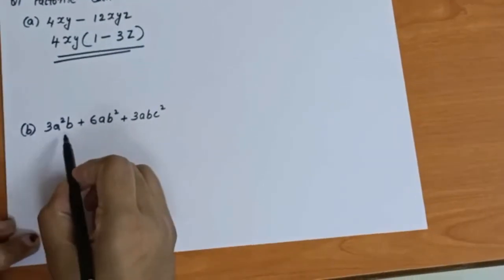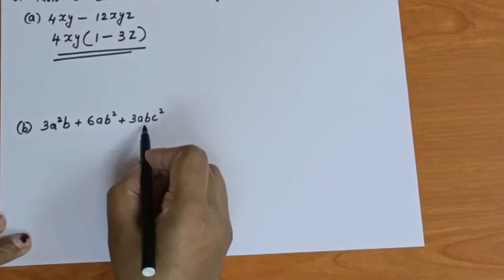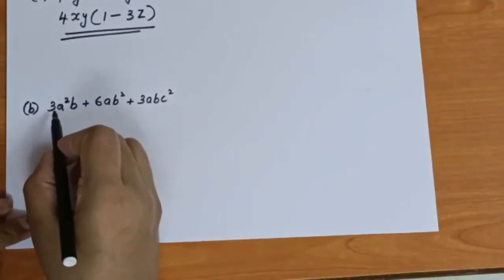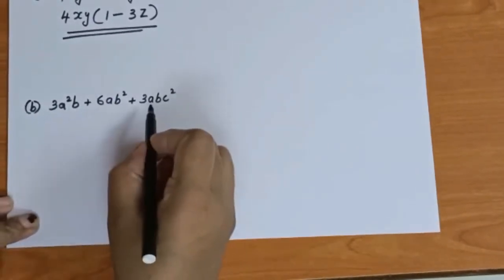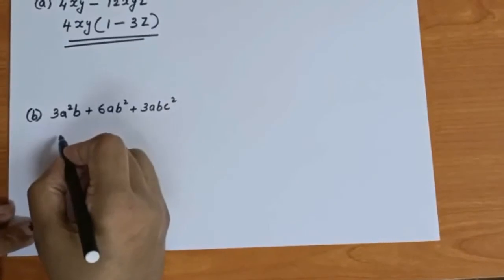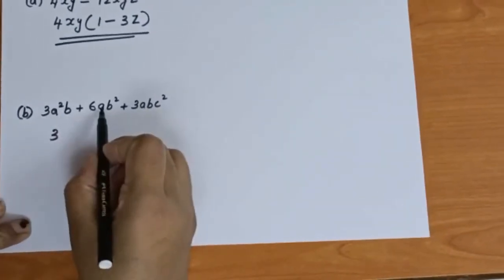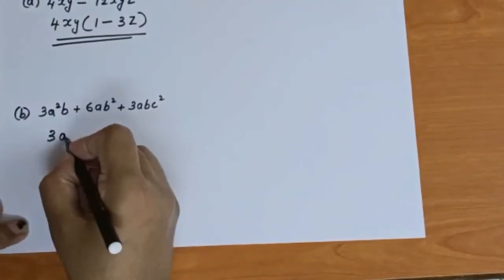Next, 3a square b plus 6ab square plus 3abc square. Here the integers are 3, 6, again 3. 3, 6, 3 are commonly in table 3, so we can take 3 outside. Here a square, a and a, so the common term is a.